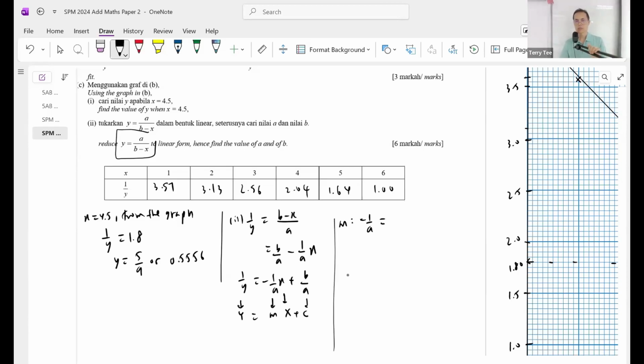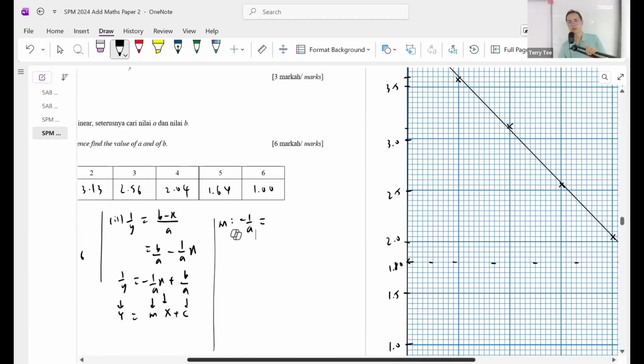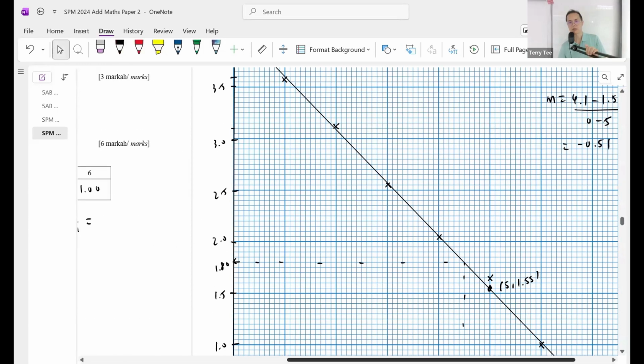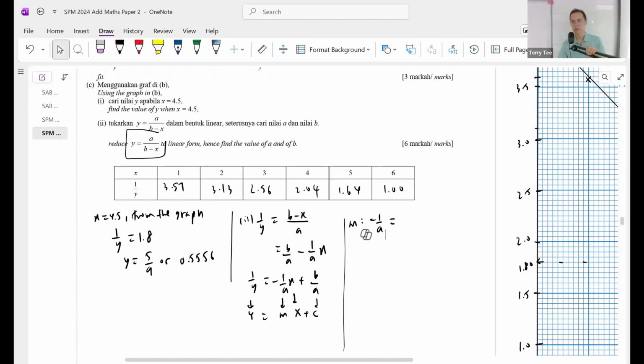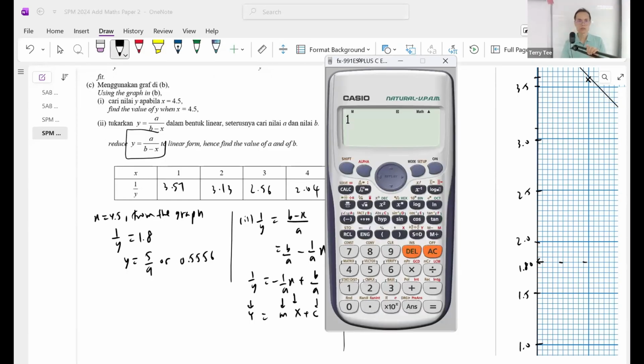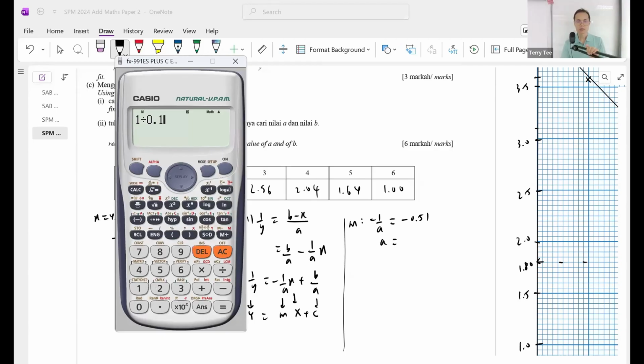a. For my graph, my gradient, just now I got what calculation here? Negative 0.51. Let's go back to this. Negative 0.51, invert the left and right and cancel negative: 1 divided by 0.51. I got 1.961.